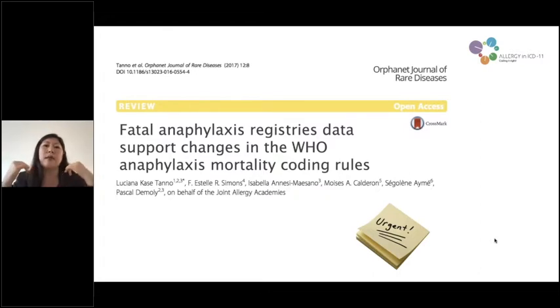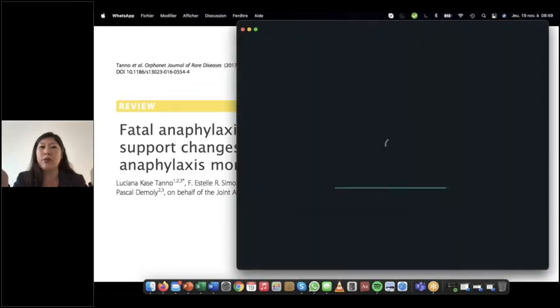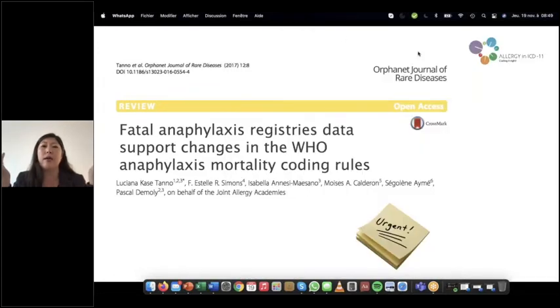In fact, the WHO had never considered anaphylaxis nor the other allergic and hypersensitive conditions as underlying cause of death, because they had been very badly classified. Now we have a section, and after that we proposed a systematic review in order to prove the need of changes, in which we published this data and provided it to WHO.